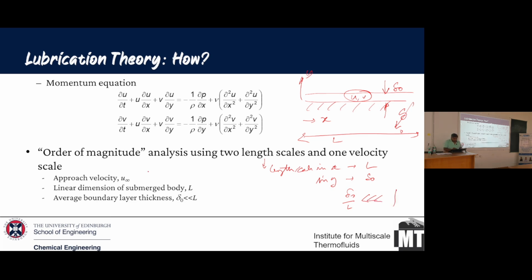Okay, and consider that you have an approach velocity of u infinity, whatever. This is your velocity on top of it. And the idea is that we want to understand what is happening here. Okay? So this is your average boundary layer thickness, delta naught.